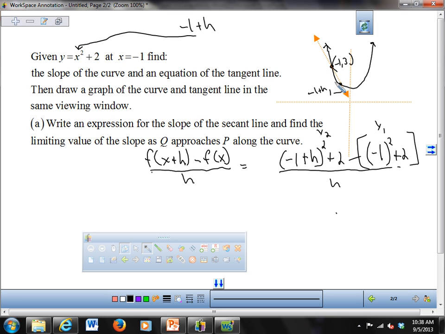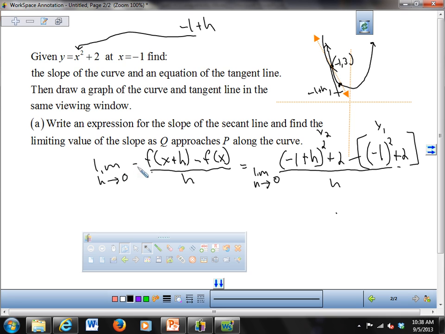What I want to do is bring this point closer and closer and closer to here until I find the exact slope of this line right there. And the way I do that is by taking the limit as h goes to 0.